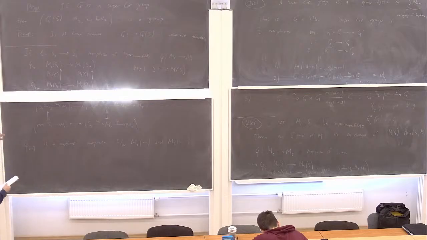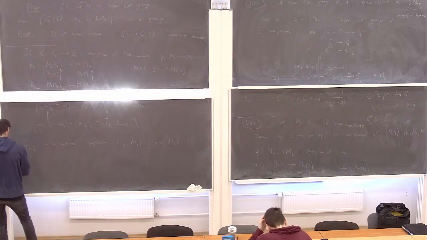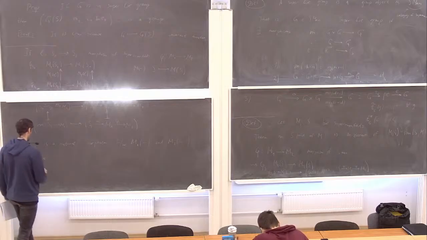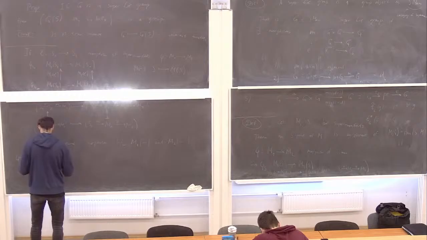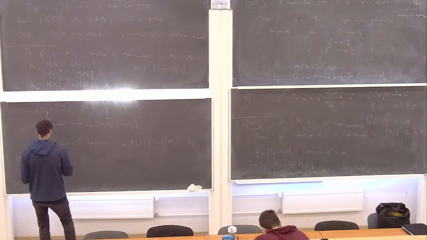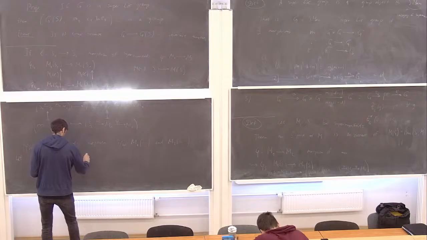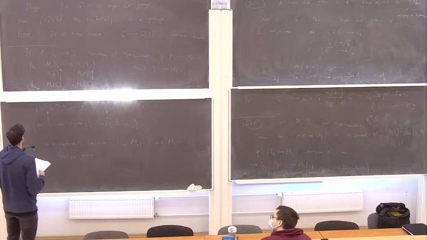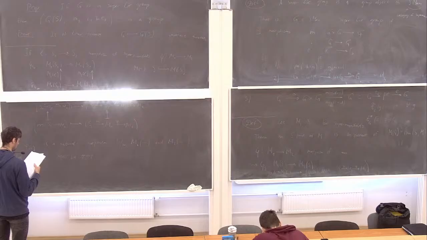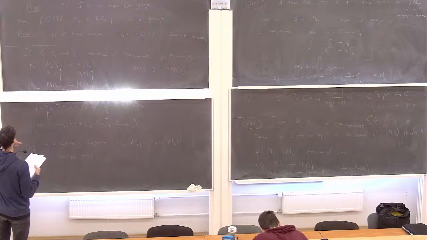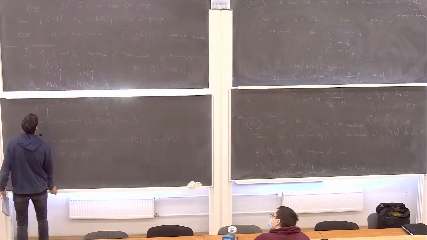All right, so now let us apply this to a super Lie group. Let G be a super Lie group. Then instead of phi, I will have M. And then I have the following commutative diagram.